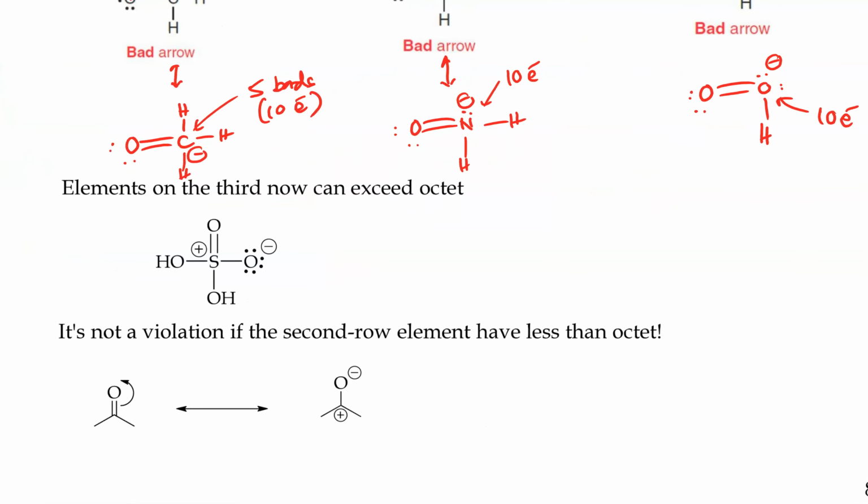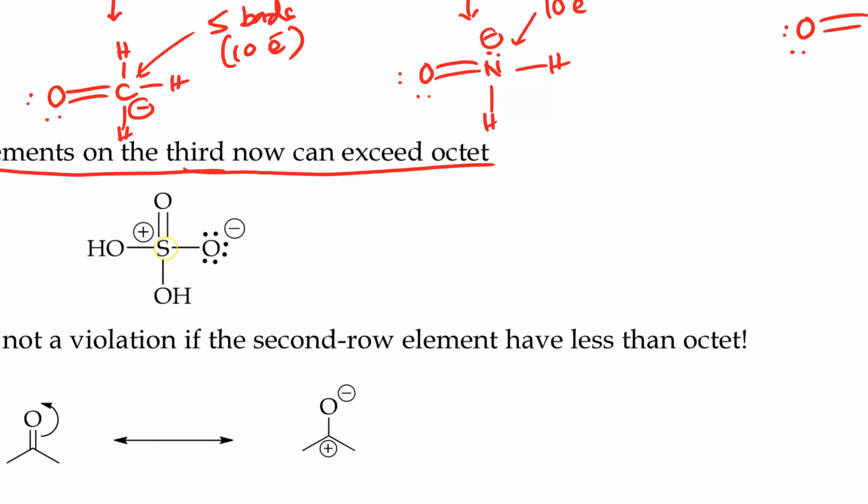Now, element on the second row cannot exceed octet. However, element on the third row or below can exceed octet. So for an example, if we were to have this molecule right here, this is basically sulfuric acid, one of the resonance structures of sulfuric acid. In this case, it is possible for us to take the lone pair of electron on this oxygen and donate this in to form a double bond between this sulfur and this oxygen.